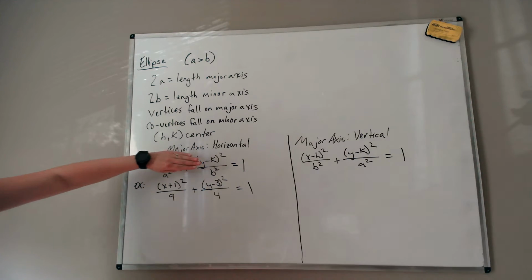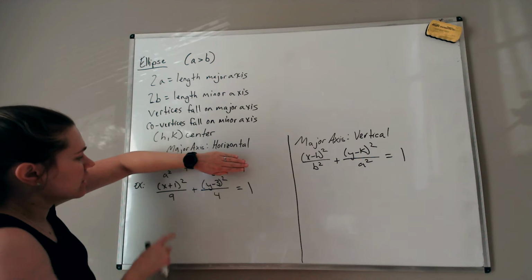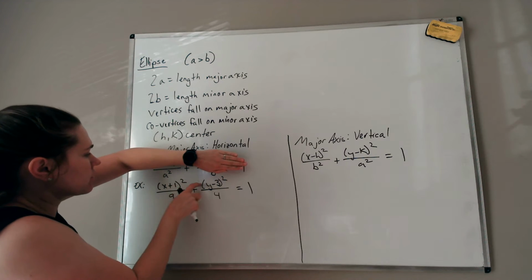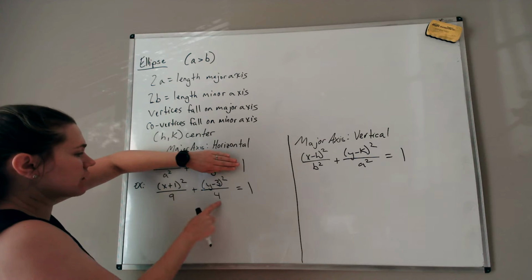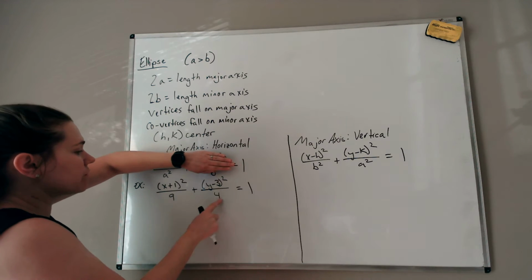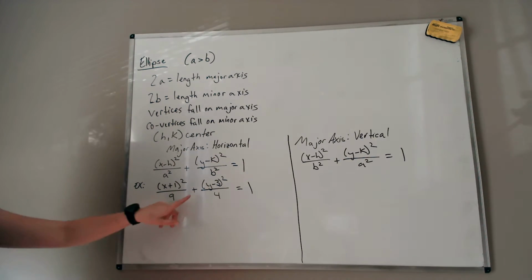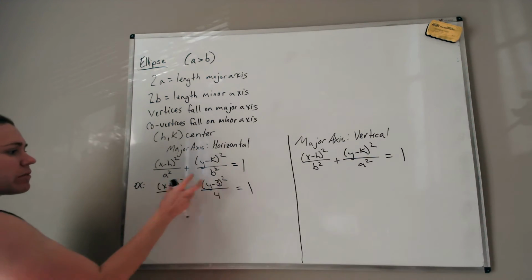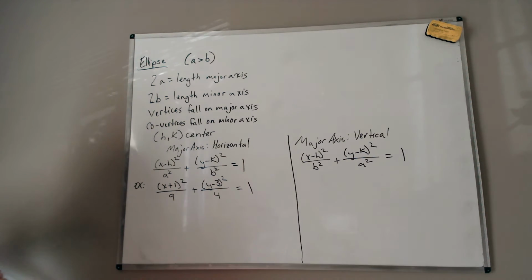So notice, if you're told to graph this, the first thing you know is that this is an ellipse, because you have two quadratic terms, a plus sign, set equal to 1, and you have values down here that are not the same value. That's how you know that you have an ellipse. Plus sign, square of binomial, set equal to 1, and these are different values.